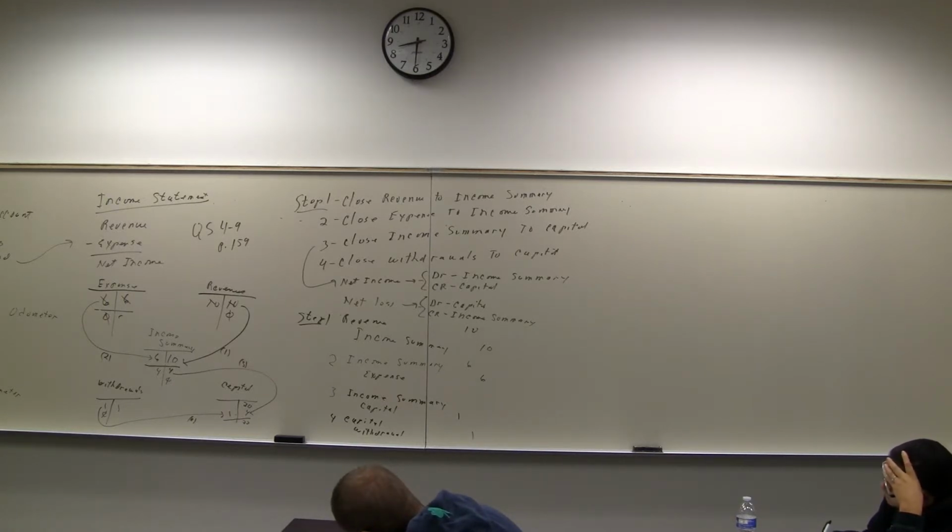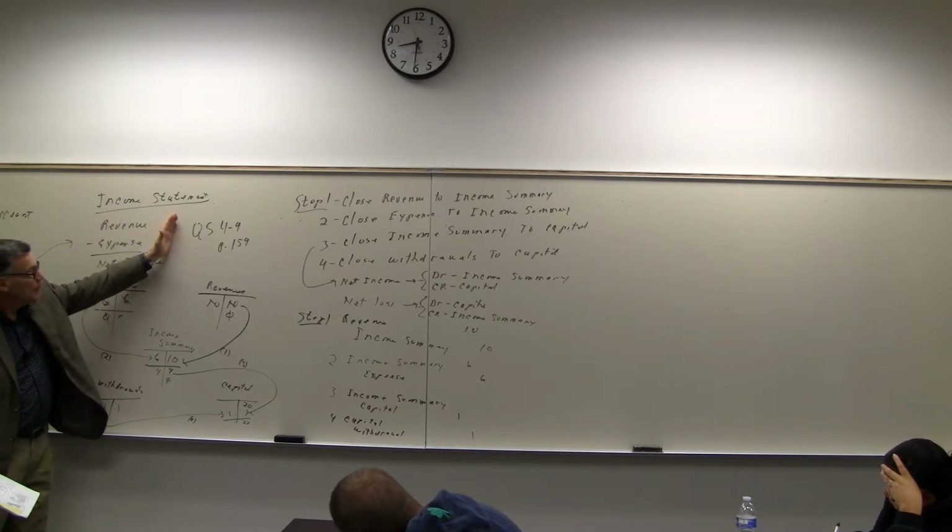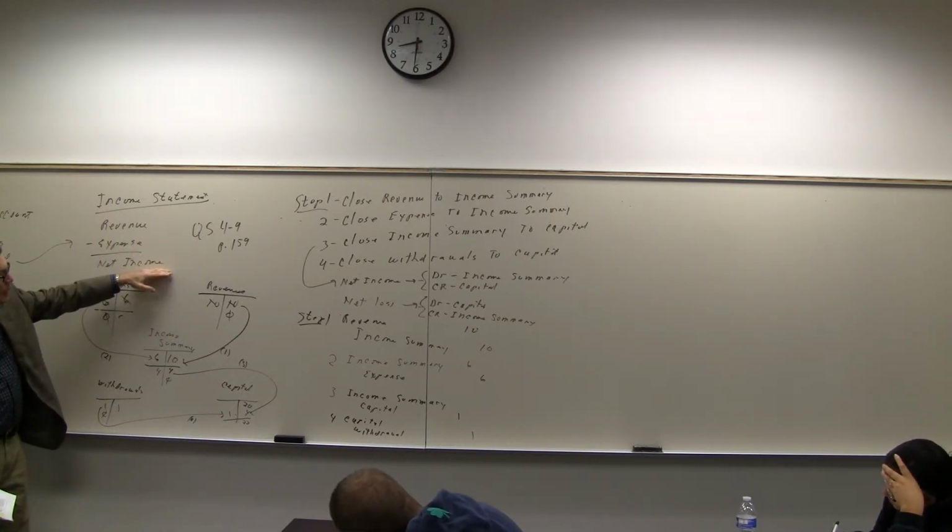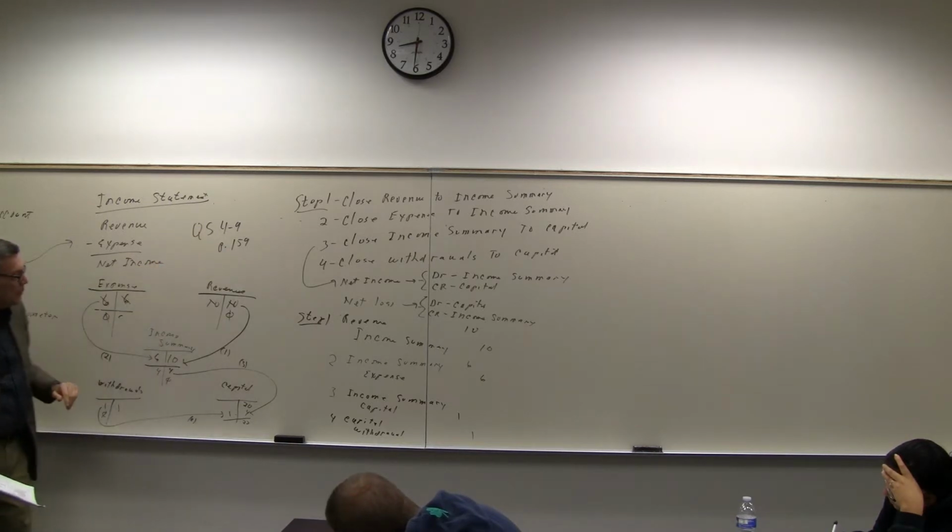Assets, liabilities, and capital are permanent accounts because they don't zero out. They just keep accumulating. An income statement only works because you start out with the revenue and expenses at zero. They accumulate through the accounting period. You find the net income for that accounting period, then you return to zero for the next accounting period.